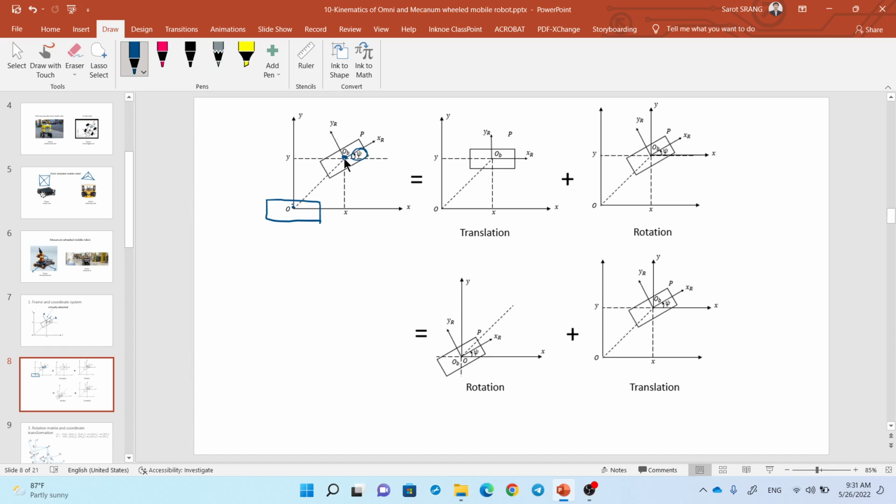To move to this point and with this orientation, you can say that first you just translate it like this and then you rotate it. Or you can say first you rotate it and then you translate to this position. Because this is with the operation plus, it means you can have a mathematical expression for this term and for this term, and you can add them.